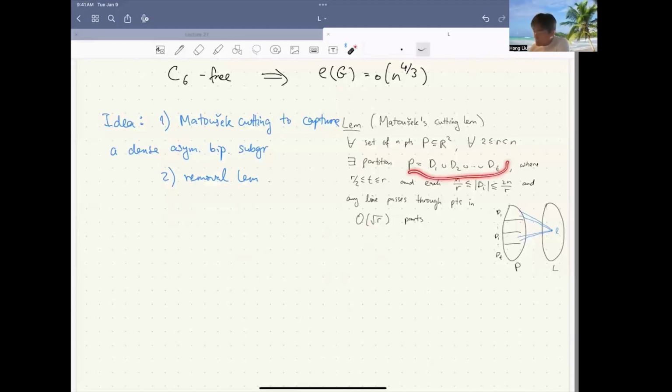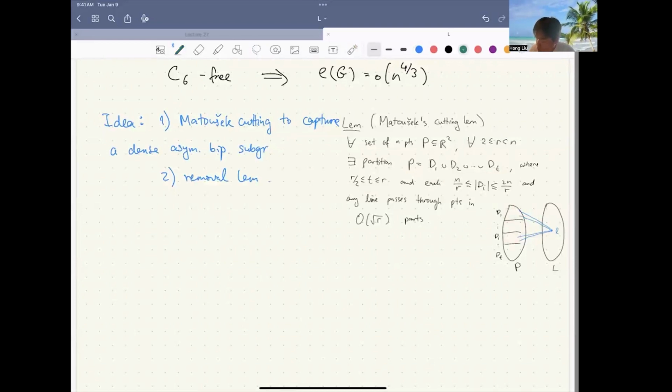Remember, the total number of parts is r, and square root r is a lower order term. So the neighbors of every vertex in this incidence graph are clustered into very few parts.